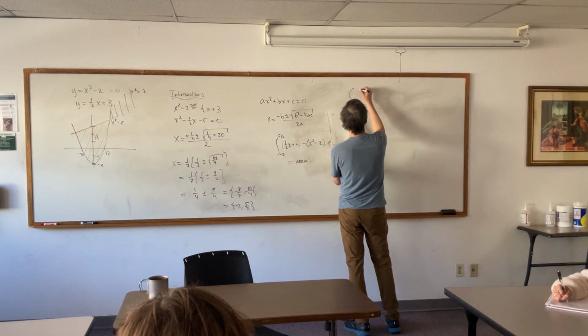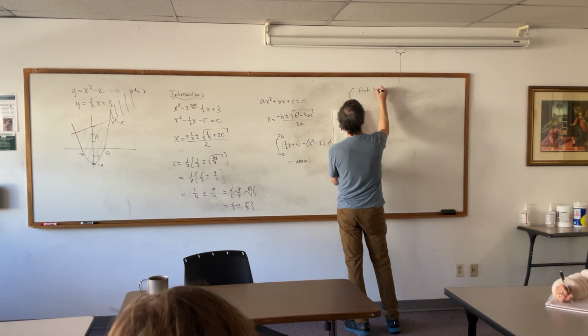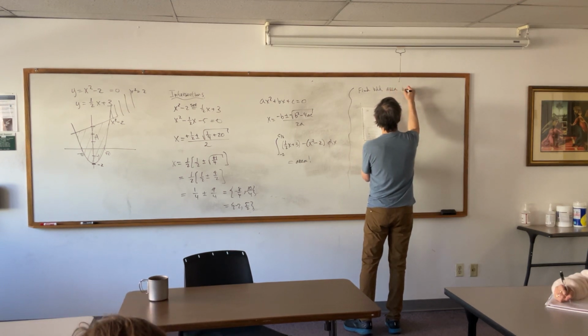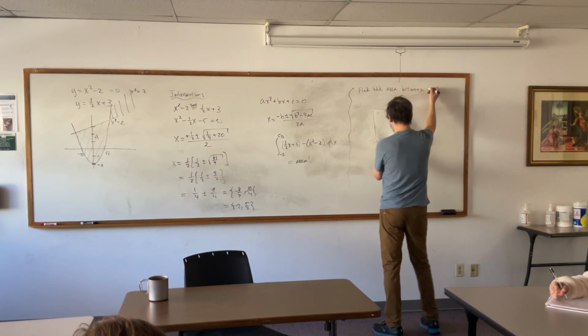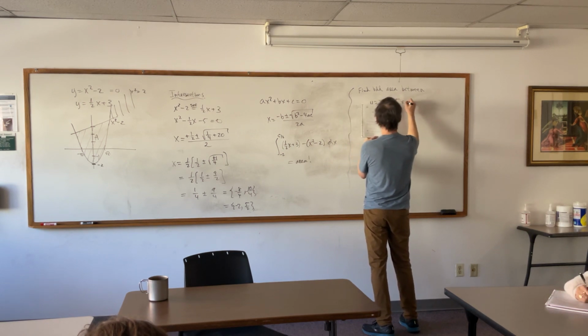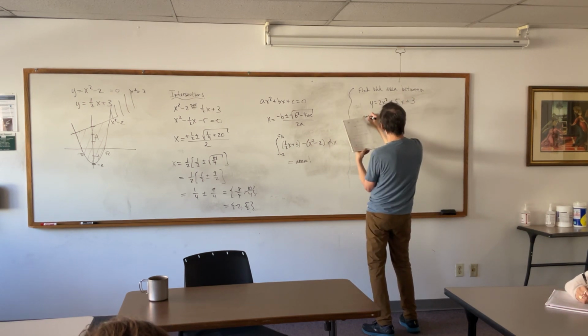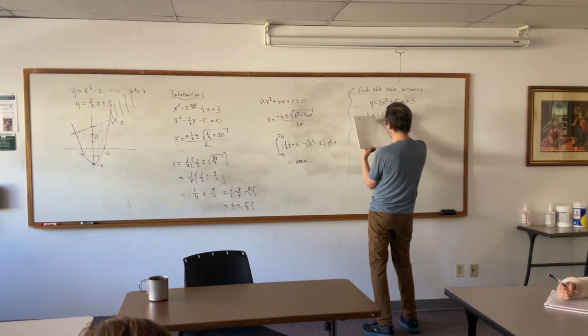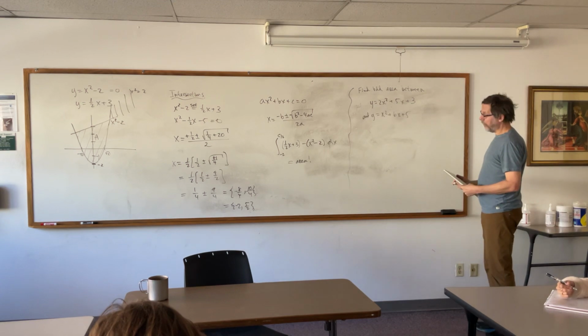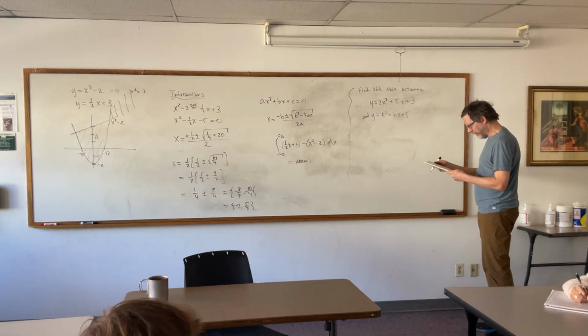All right, so find the bounded area between y equals 2x squared plus 5x plus 3 and y equals x squared plus 6x plus 5. Both parabolas. Wait, that can't possibly be.